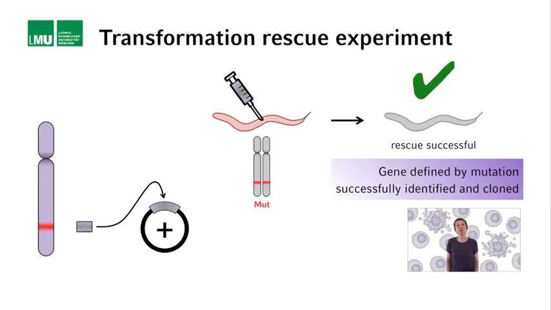By the way, for these rescue experiments, which are really critical for the identification and cloning of genes, it is also important to know what kind of mutation you are working with. The type of mutation, whether loss of function, hypermorphic, gain of function, or neomorphic mutation, will determine the strategy that you will need to use to find your gene of interest.